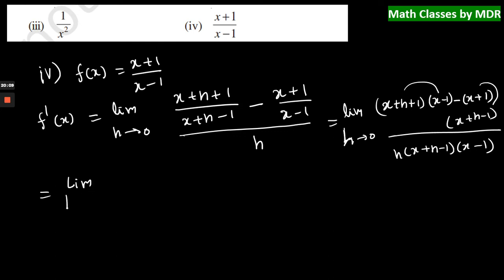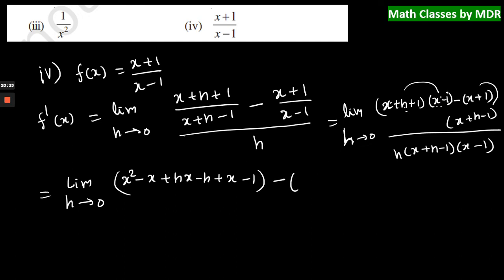Limit h tends to 0. So we have x square minus x plus hx minus h plus x minus 1. That is what we get when we multiply these two. x into x, x square; x into minus 1, minus x; h into x, hx; h into minus 1, minus h; 1 into x, x; 1 into minus 1, minus 1.